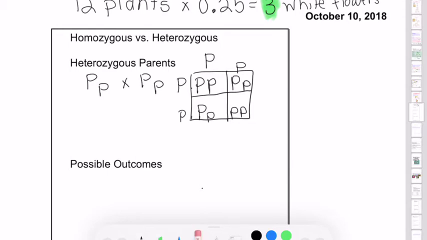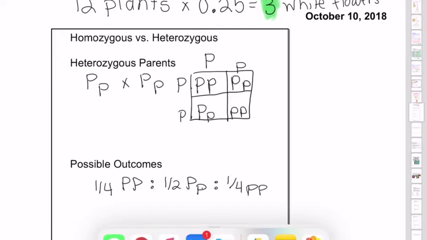Well, our possible outcome is that a quarter of them will be big P, a half of them will be big P, little p, and another quarter will be little p, okay?